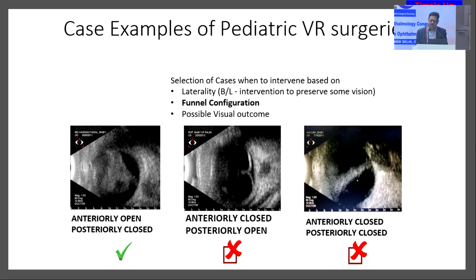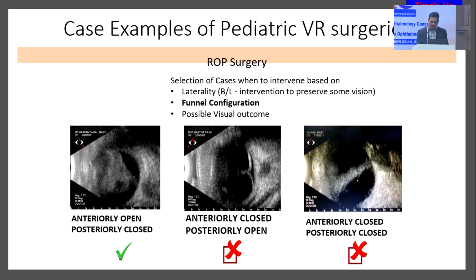And if it is totally open, then you have more reason to try. And if it is something like this, that anteriorly it is closed and posteriorly it is open, there's no point in doing surgery here. And of course, a third one where it is totally closed, just like a pipe, it doesn't make any sense in doing the surgery.